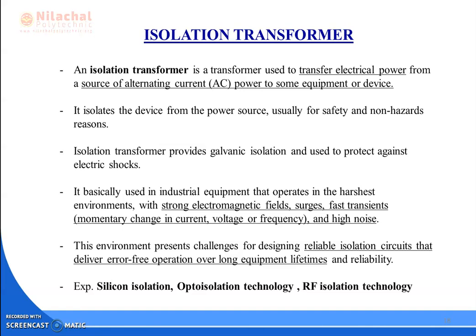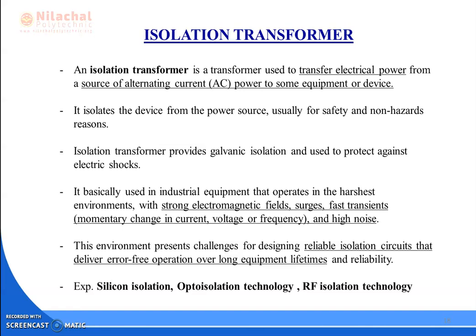An isolation transformer is a transformer which is used to transfer electrical power from a source of alternating current, or we can say AC power, to some equipment or device. It isolates the device from the power source, usually in order to get safety and non-hazardous effects.